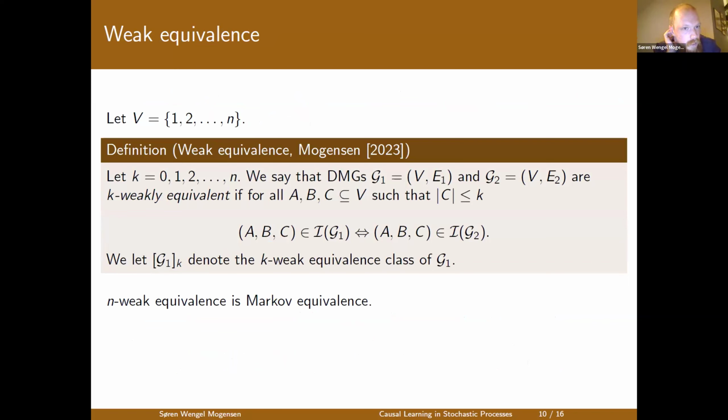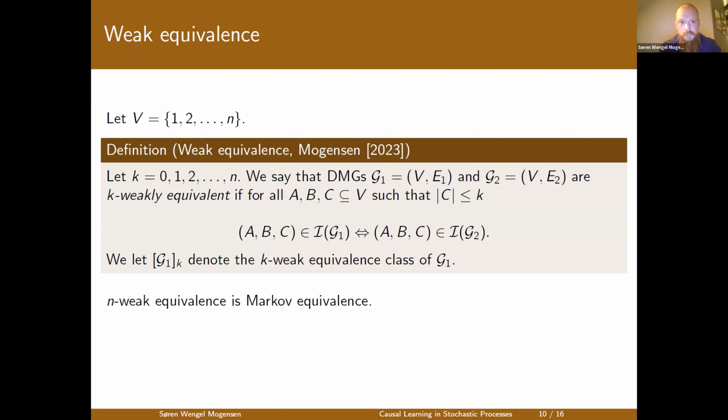So now we take some fixed integer k, and we say that two graphs are k-weakly equivalent if they agree on all mu separations such that the C set, the conditioning set, is sufficiently small.